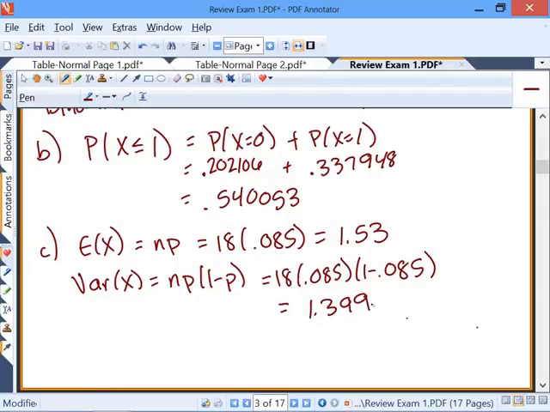So for the binomial distribution on the test, I'm going to ask you a probability, and probably the expected value and the variance or standard deviation. I will not tell you on the test that it is a binomial distribution. You need to have written down the steps for the binomial distribution and be able to recognize it.